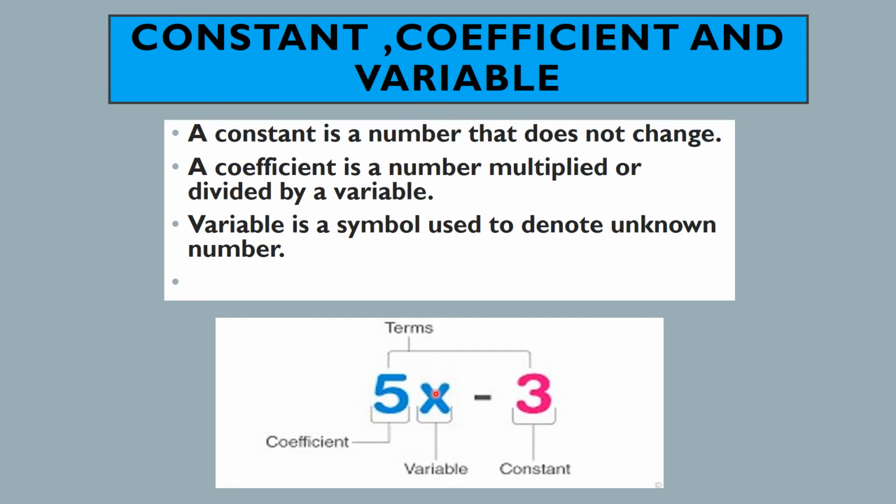So a coefficient is a number with the variable, right? Here 5 is the coefficient. Now, a variable is a symbol used to denote an unknown number, and x is the variable which is used to denote the unknown number, right?